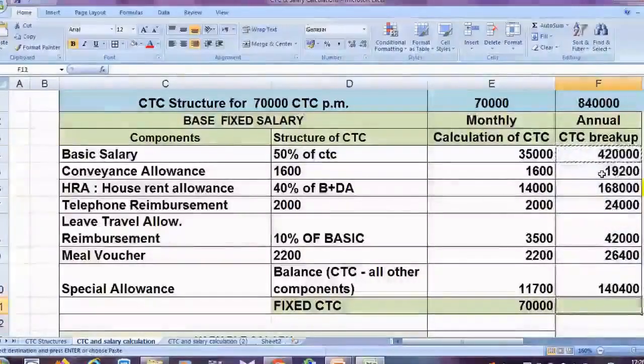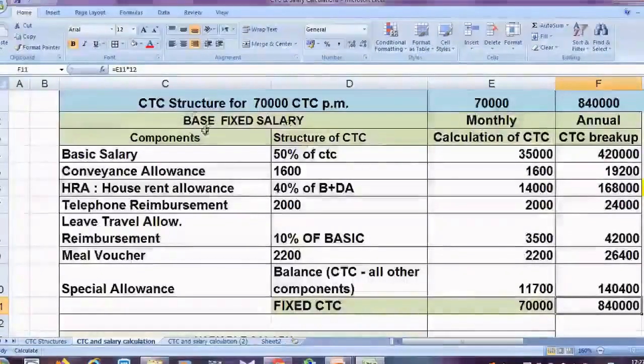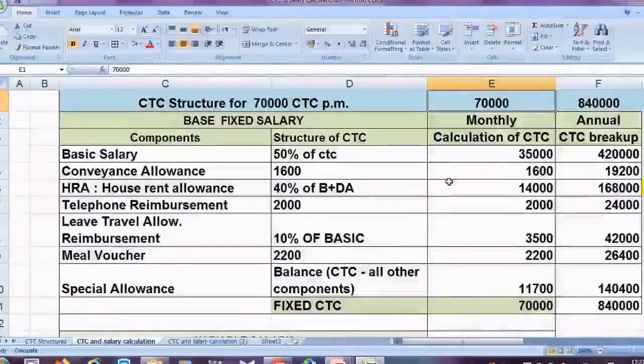So these are the annual figures and these are the monthly figures of the CTC structure. So this is an example of how you can prepare a simple CTC structure for rupees 70,000 using fixed CTC structure of a sample company. I hope this was useful for you.